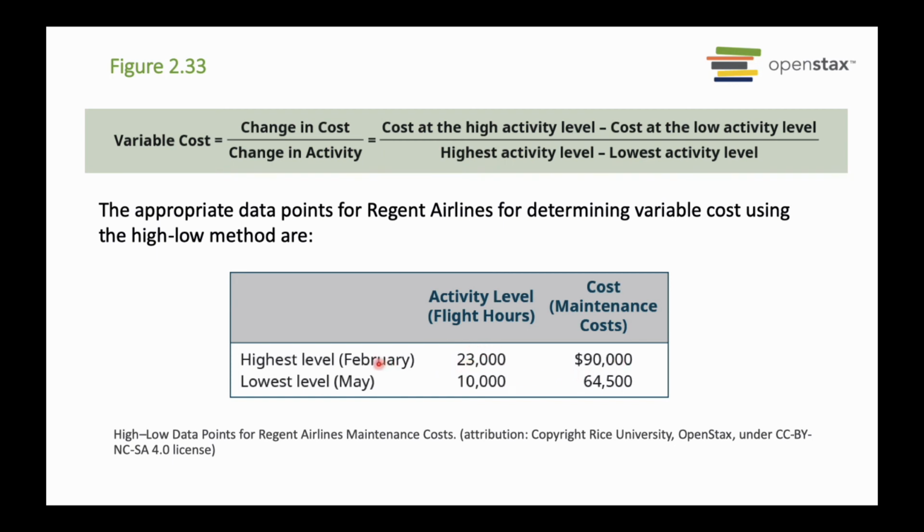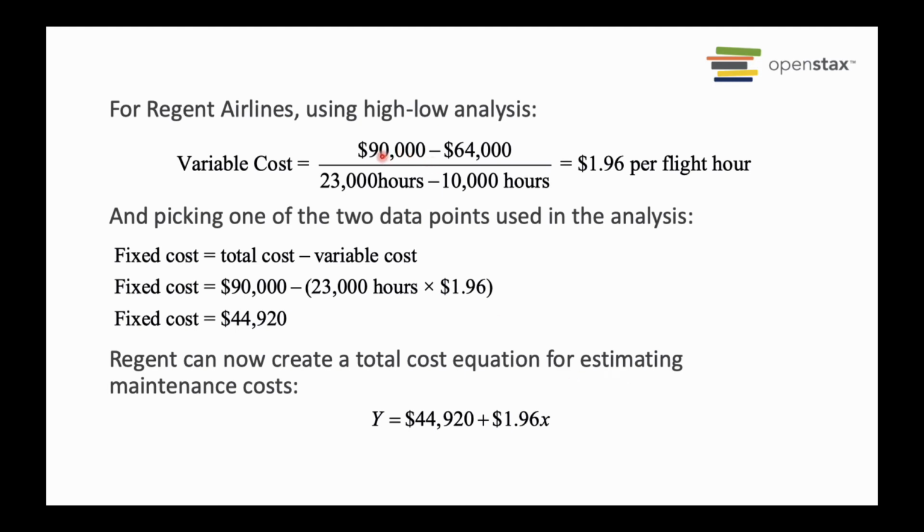So the highest level of activity, the lowest level of activity, and the accompanying costs, we then apply into our formula. The cost at the highest level minus the cost at the lowest level, divided by the difference in the activity between the highest and the lowest, gives us a variable cost per unit of 1.96 per flight hour.